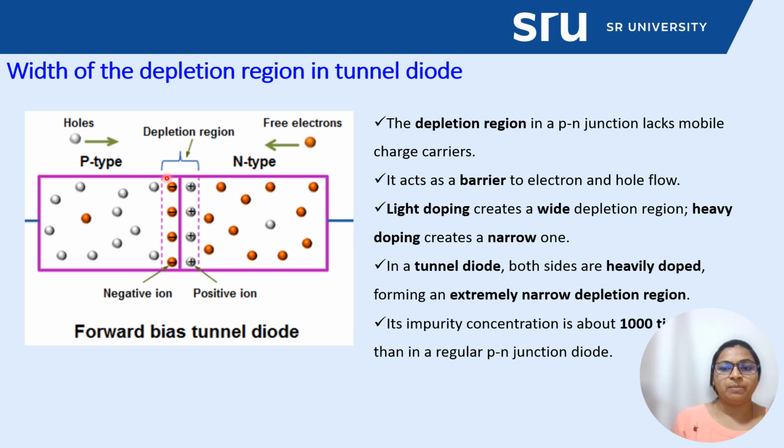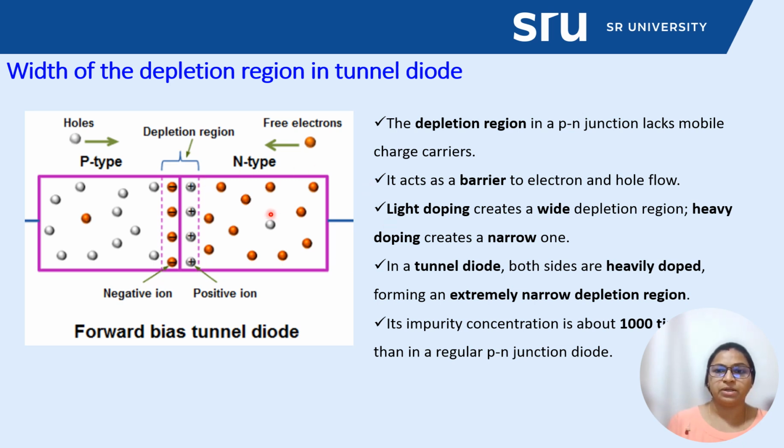If a small number of impurities is added to a normal PN junction diode, then a wide depletion region is formed. On the other hand, if a large number of impurities is added, a narrow depletion region is formed.